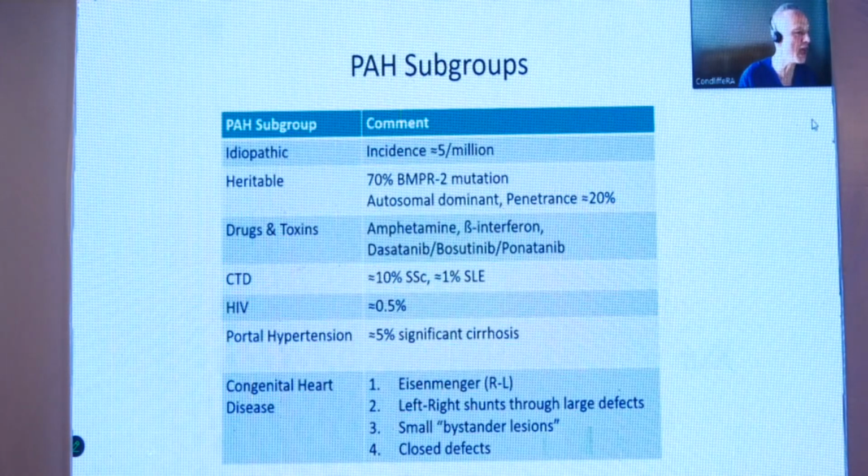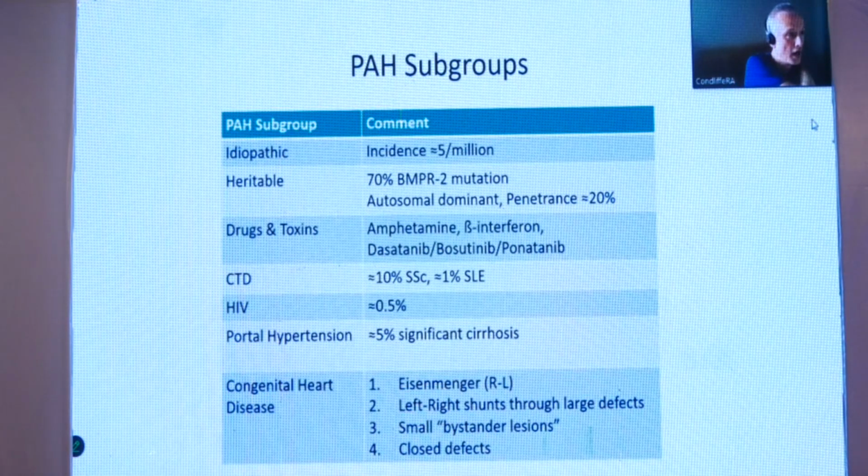And in terms of PH, there are various forms of it. It can occur as idiopathic disease. It can occur in families, and there are various genetic abnormalities associated with the development of PH, BMPR2 being the most common, but quite a number of genetic mutations being observed and demonstrated over recent years. Various illicit or licit toxins, including amphetamine or methamphetamines, and including things such as tyrosine kinase inhibitors.